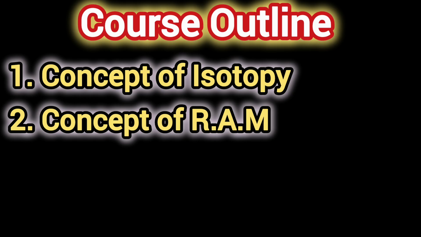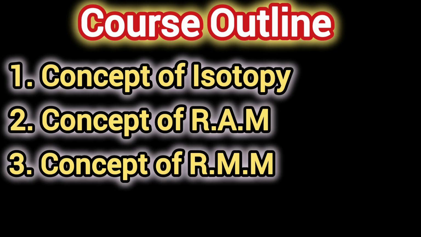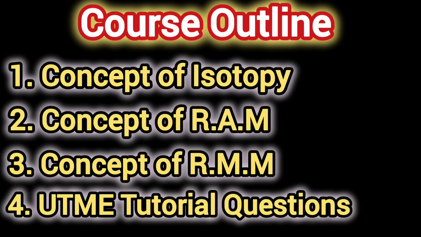And thirdly, we will be addressing the concept of relative molecular mass. We'll also be calculating relative molecular masses of compounds and percentage composition. And lastly, we will be using all this knowledge to crush UTME questions.